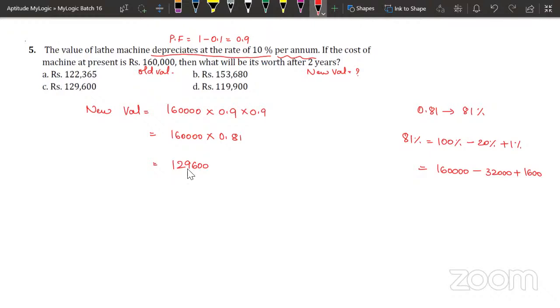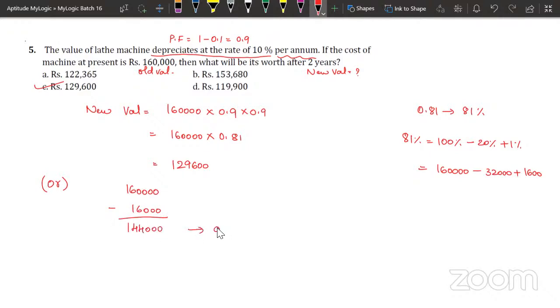So here we are fine. This is the value after 2 years. Now, suppose the old value is given and you are supposed to find the new value, you can directly subtract. From 1,60,000, you subtract 10%. What is 10% of this? 16,000. That gives you 1,44,000.